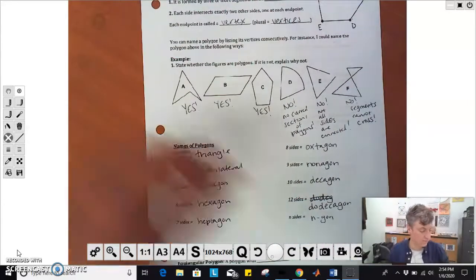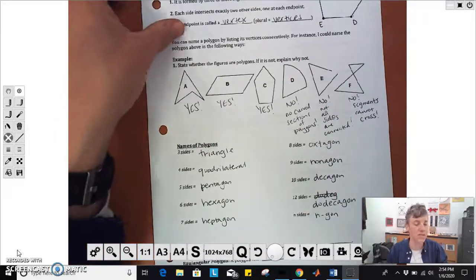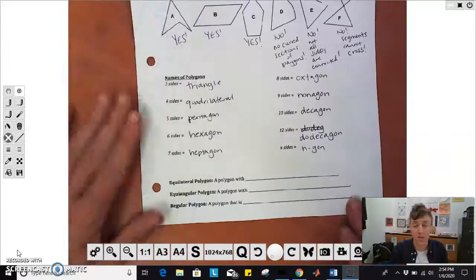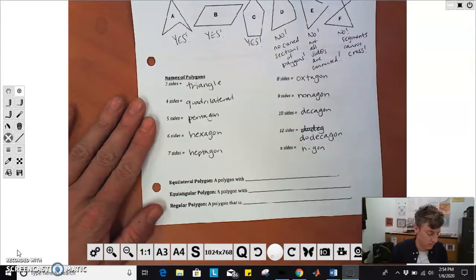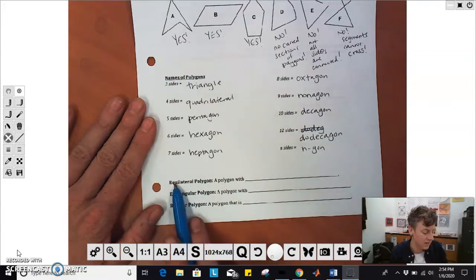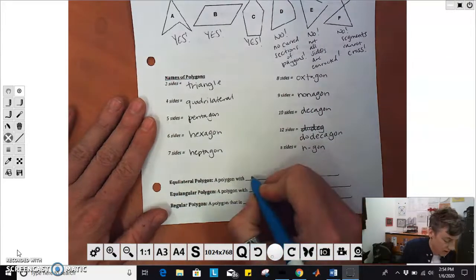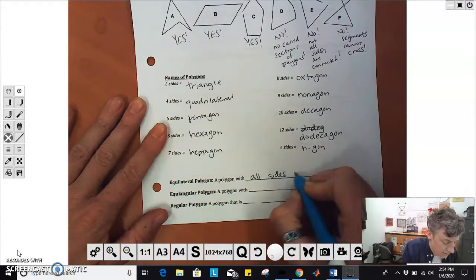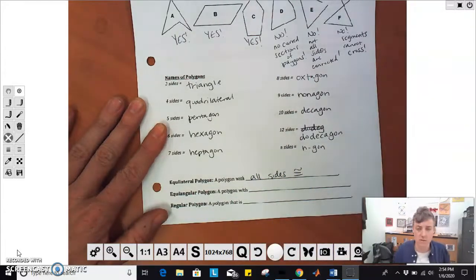All right, cool. We have special kinds of polygons, namely equilateral polygons. I bet you know what this means because we talked about equilateral triangles, right? So equilateral means equal sides, a polygon with all sides congruent.